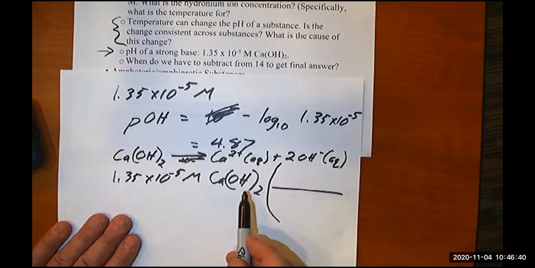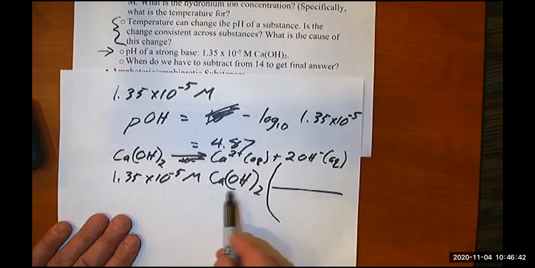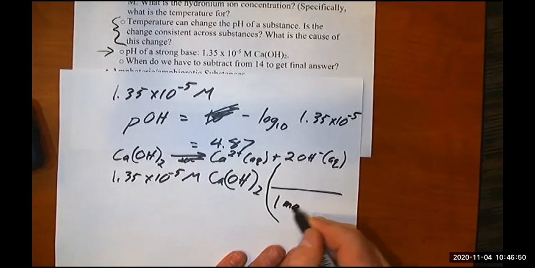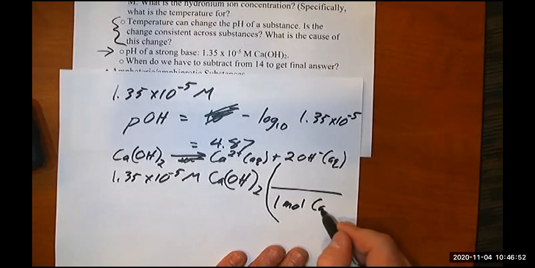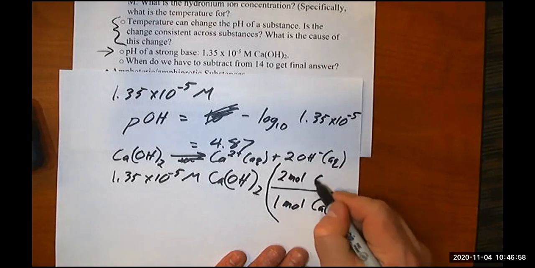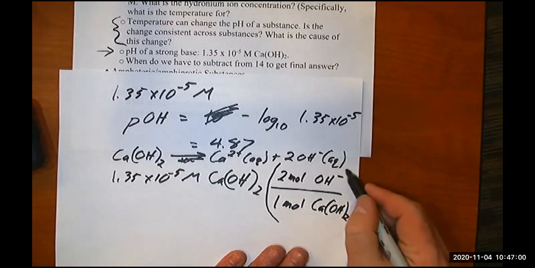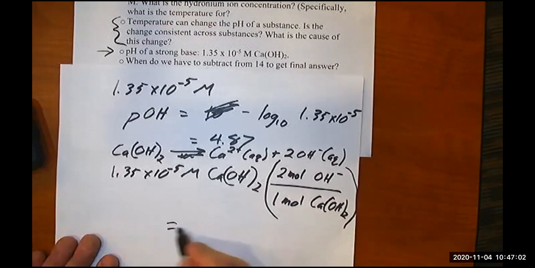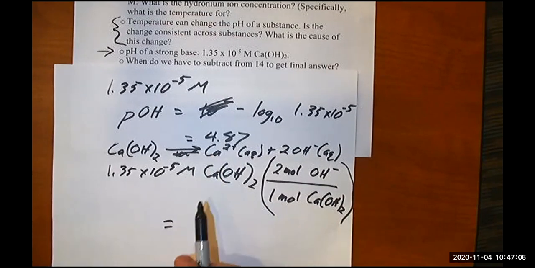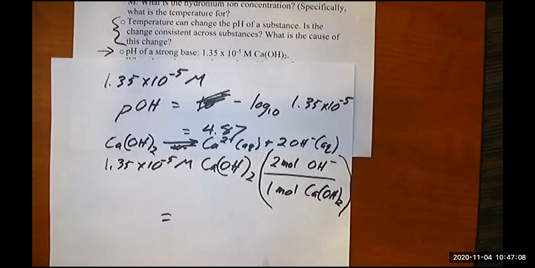Because there are two OHs that are part of this compound. So we need a stoichiometric conversion factor, 1 mole of Ca(OH)2 for 2 moles of OH minus. Okay. And since molarity is moles per liter, we're just leaving the liter portion unchanged.